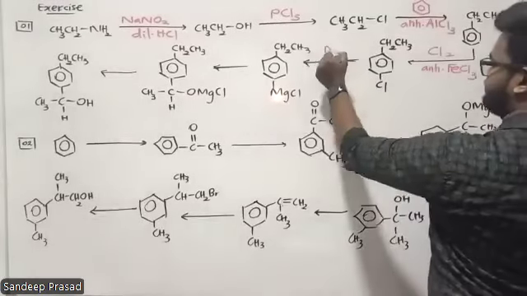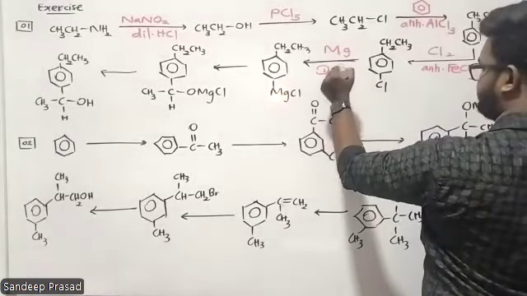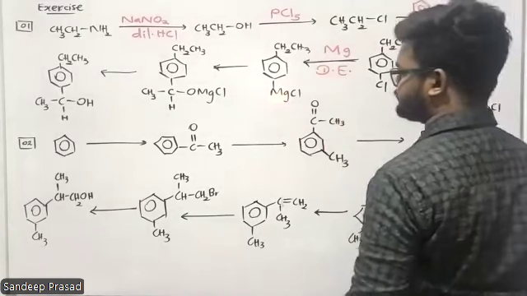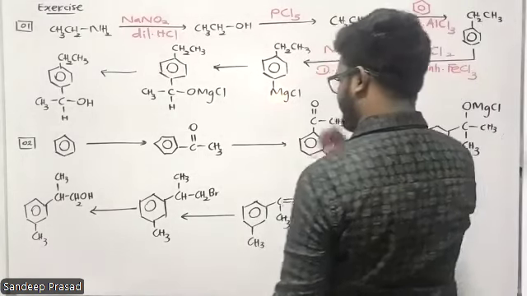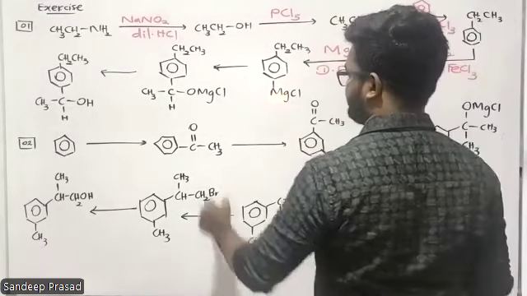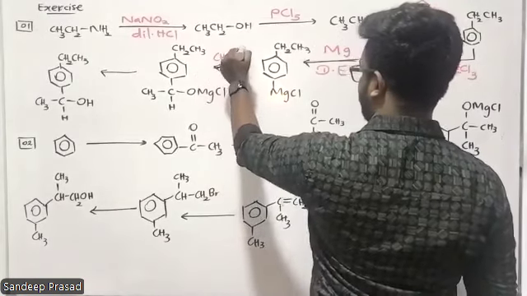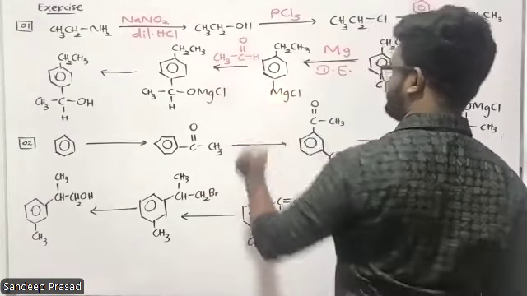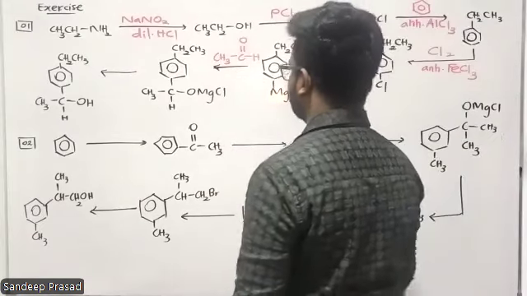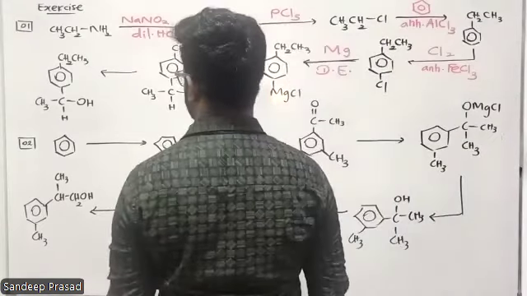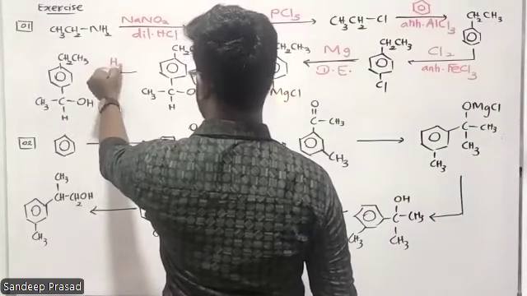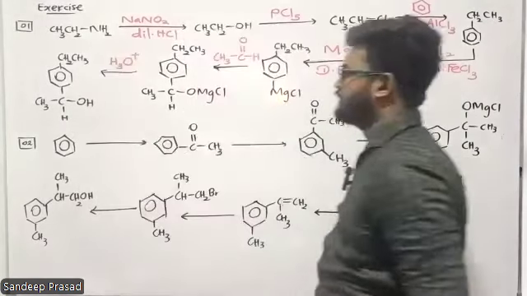Then here magnesium in dry ether is added. Then here we can say that an aldehyde, CH3CHO, is added. Then H3O plus is added here.